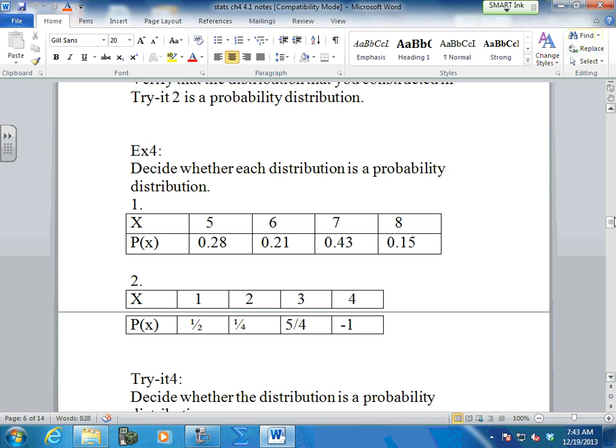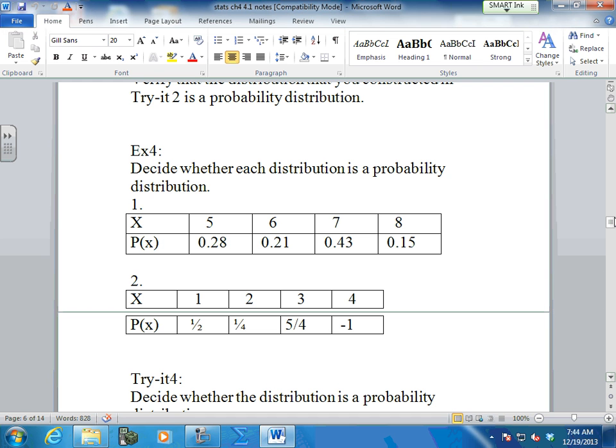All right, you're going to decide whether these are a probability distribution or not. Now, it can go vertical or it can go horizontal. So what do you think about the first one? Does it meet the first criteria? Does each probability fall between 0 and 1?